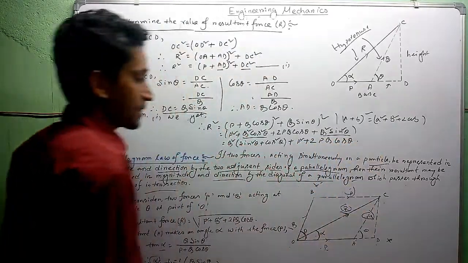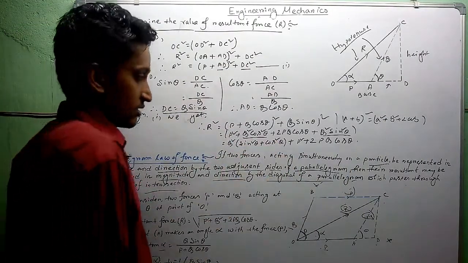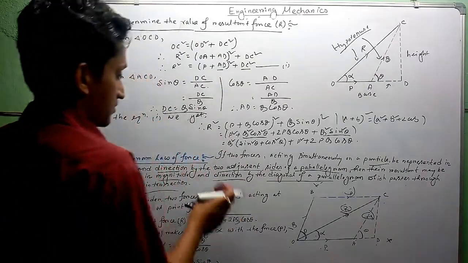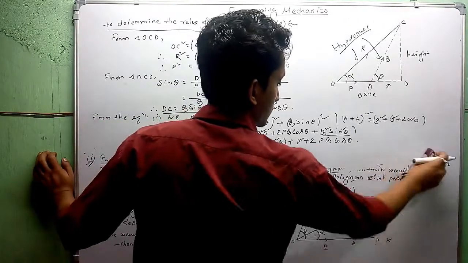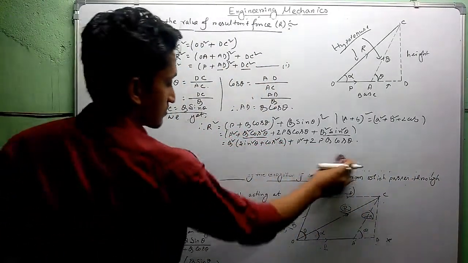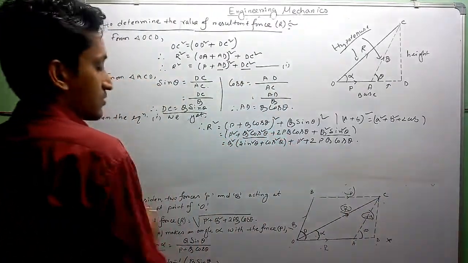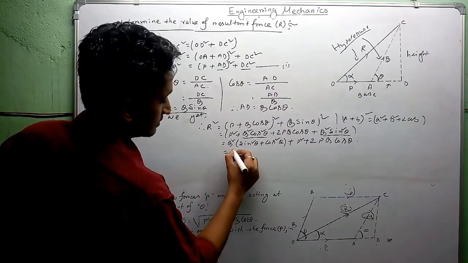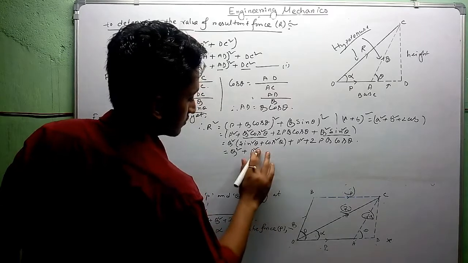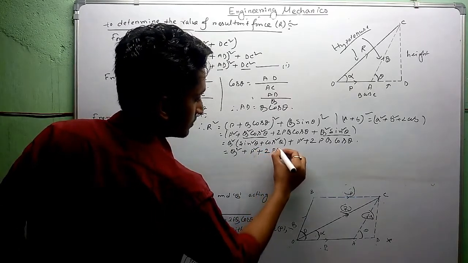Okay, and then we all know that sine square theta plus cos square theta is equal to 1, so we can write this as Q square plus P square plus 2PQ cos theta.